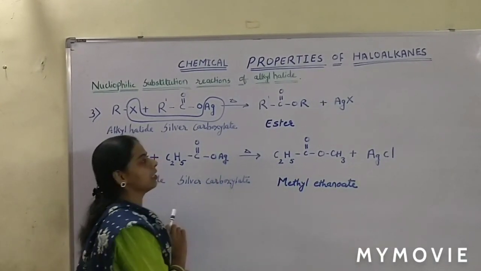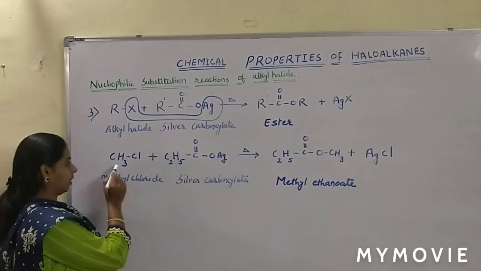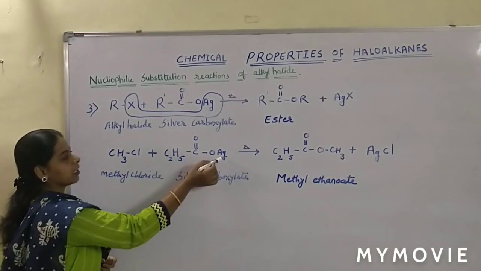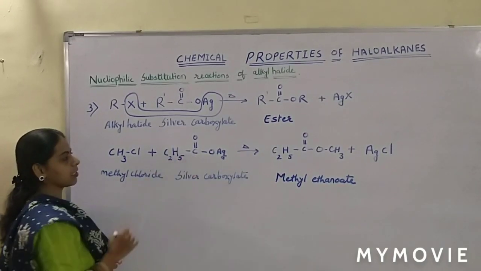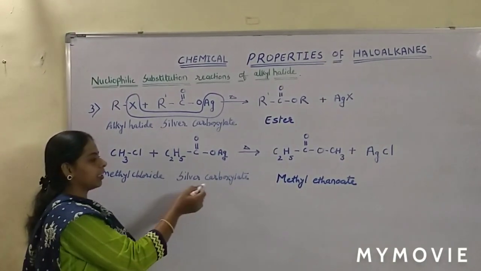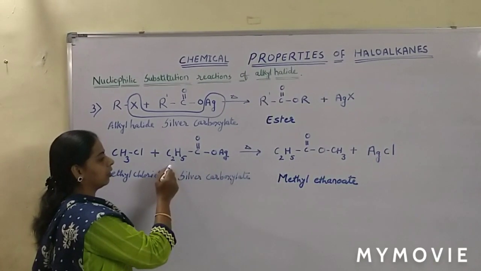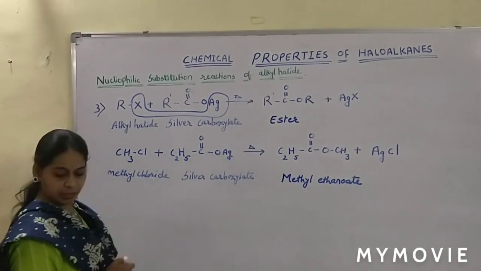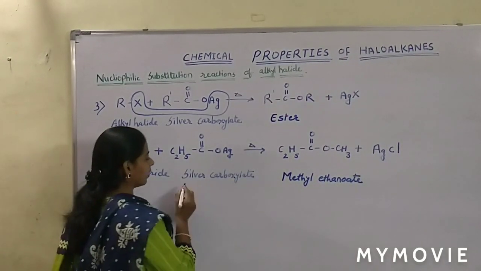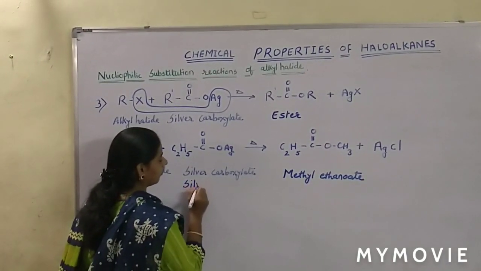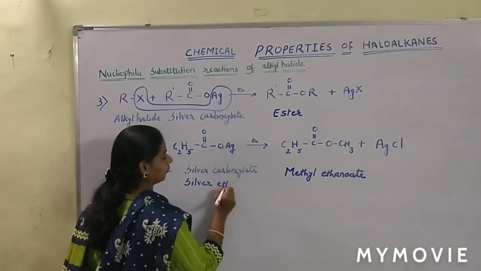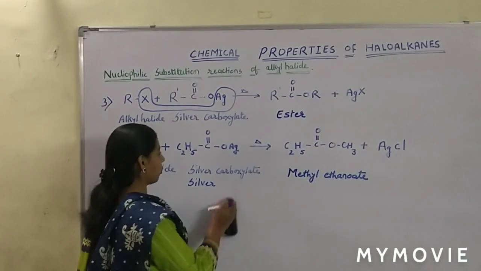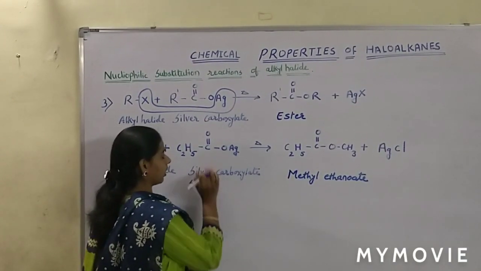Now we'll see the specific reaction. Methyl chloride, this is our alkyl halide. In that reaction it reacts with the silver salt of a carboxylic acid, here propionic acid. So what is the name of this compound? Silver ethanoate actually. No, it is a propanoate because 2 carbons are combined with a third carbon also.